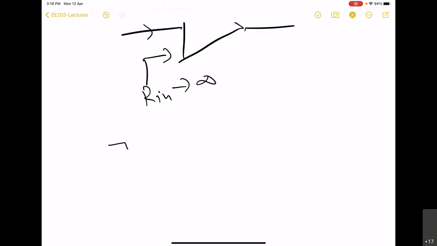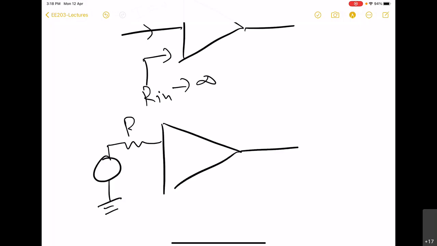And we know that in general, the scenario on the input side of an amplifier is like this. There is a voltage source and there will be some internal resistance of the source, and it will be connected to the input of the amplifier.